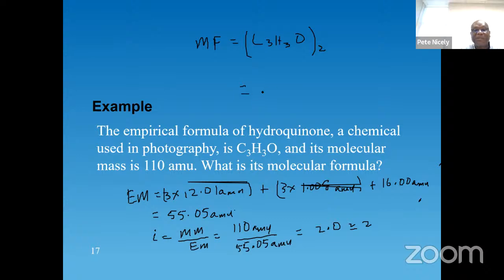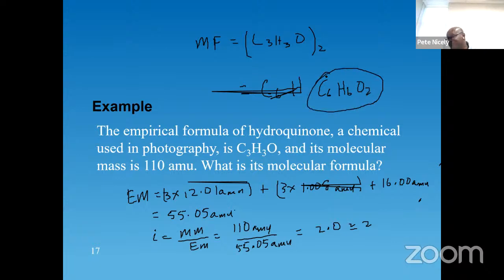This works out to be equal to C6H6O2. So this would be the molecular formula. Okay, so that's basically how that is done.